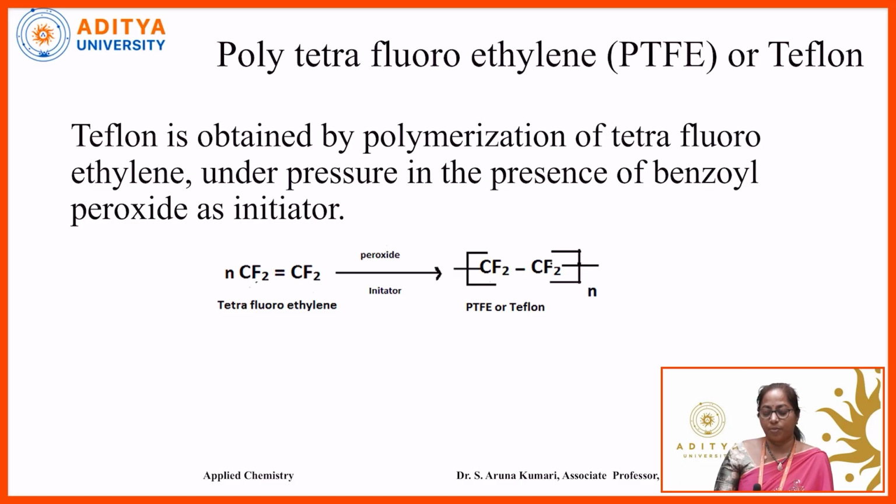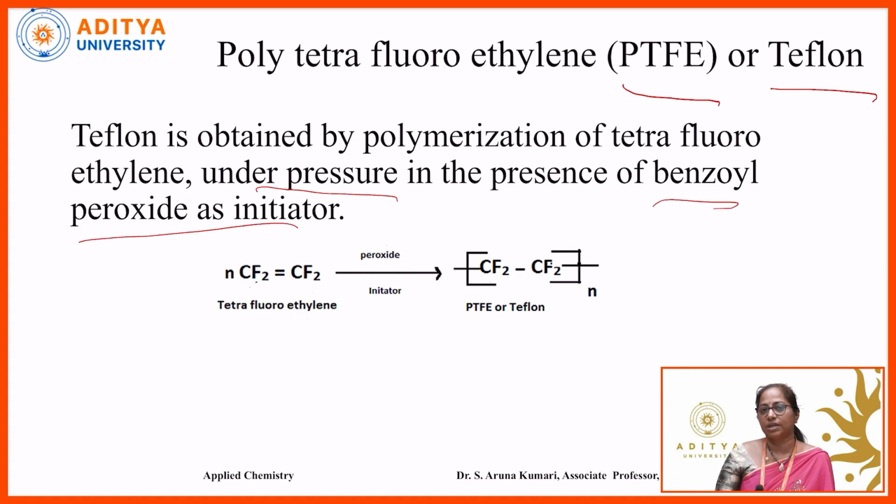Let us see the preparation of another such polymer which is known as polytetrafluoroethylene, which is abbreviated as PTFE, which is also known as Teflon. Teflon is obtained by polymerization of tetrafluoroethylene under pressure in the presence of benzoyl peroxide as initiator.